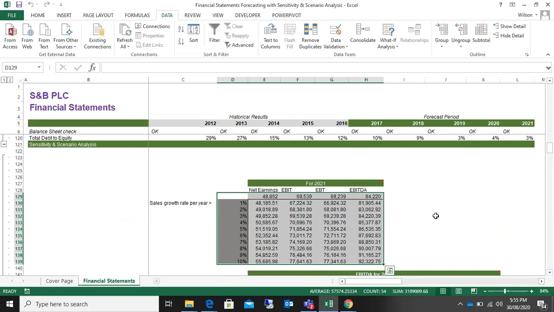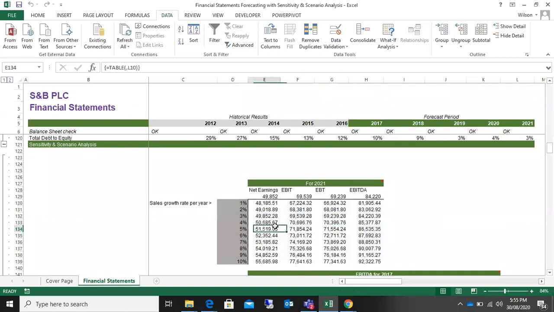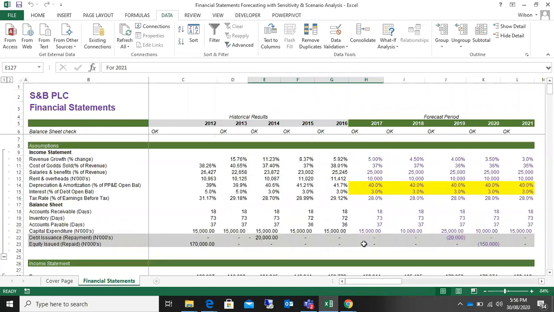You see what happens there. Now let's interpret what we have here. This is what we call a data table, right? And this data table tells us a lot of things. One of the things this data table is telling us is, if we have the net earnings in 2021, for instance, of course, we made an assumption that in 2021, we expect our revenue to increase by 3%.